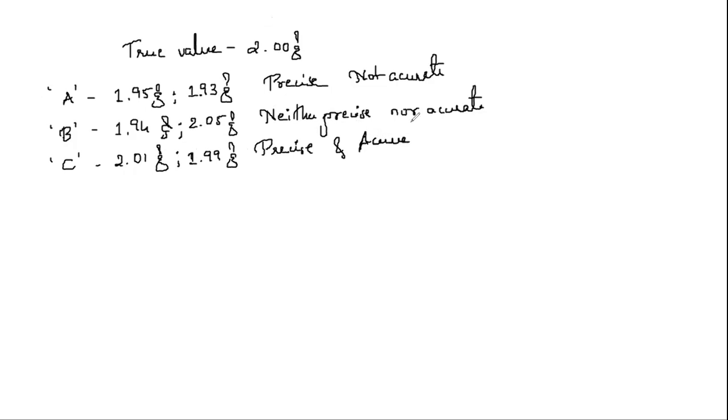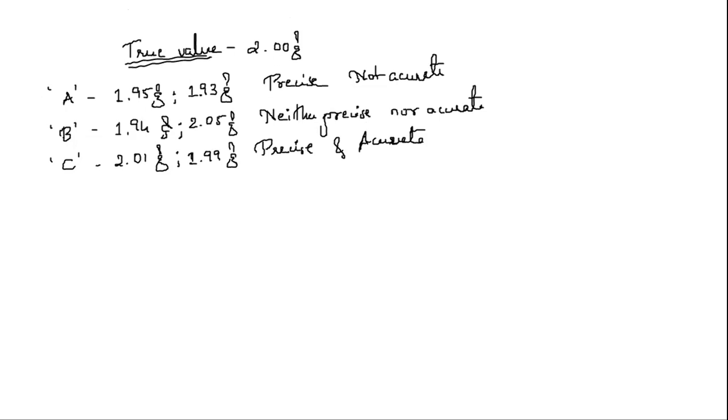So this is the difference. What do you mean by precise? How close the values are to each other. Accurate means how close they are to the true value. Person A got 1.95 and 1.93: precise but not accurate. Person B, 1.94 and 2.05: neither precise nor accurate. C, 2.01 and 1.99: both precise and accurate.